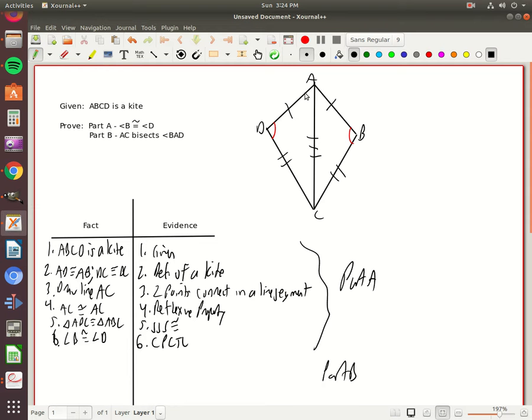So what if I go here and I say, all right, well, angle DAC is congruent to angle BAC. And I'm hoping you guys know why. Right? Why can I say angle DAC is congruent to angle BAC? Well, let's look. It's just like step 6. I've already proven these triangles are congruent.